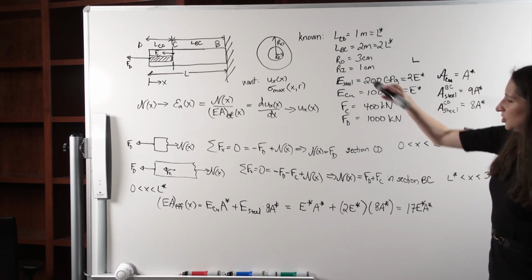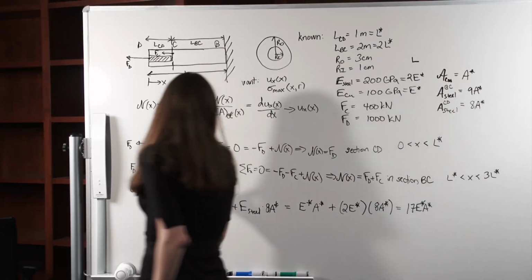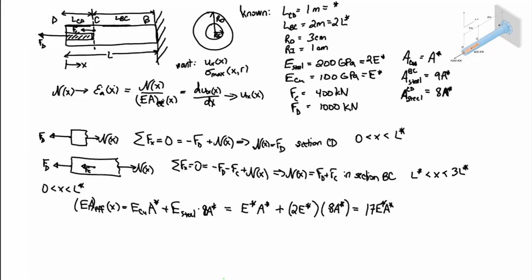And then in section BC, of course, we just have the steel, so it's really just E steel times A steel. Let's be thorough here. So x goes from L star to 3L star.